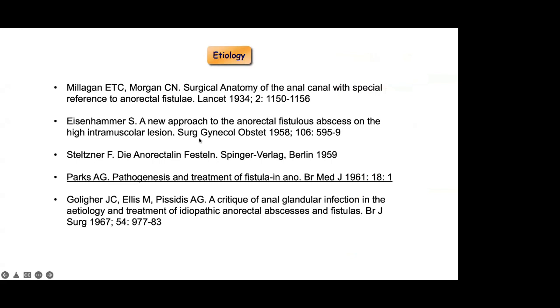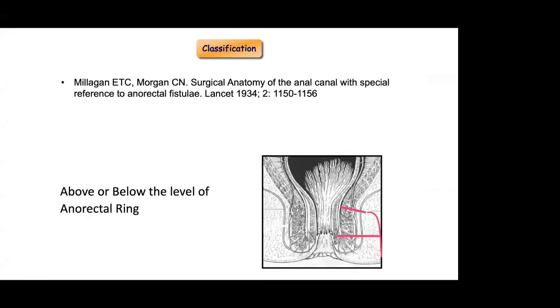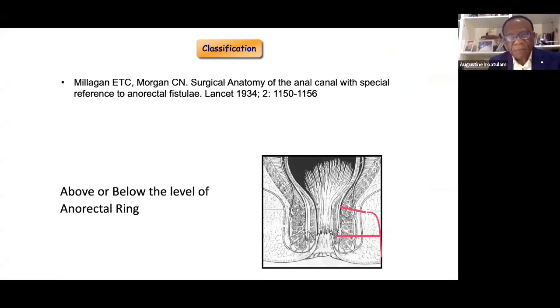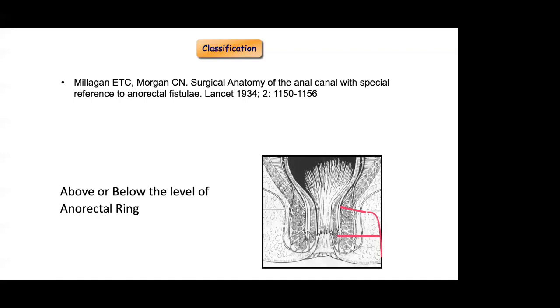Well, in the past, a lot of etiopathogenetic theories have been described, each one with its particular findings. I will try to describe all these theories without losing the importance of this concept. The first one was Milligan and Morgan, who considered the high fistula despite the internal orifice at the level of the dentate line.